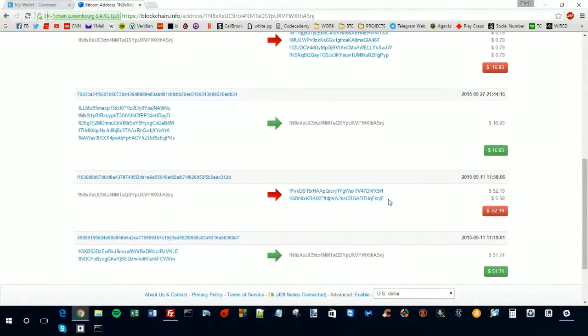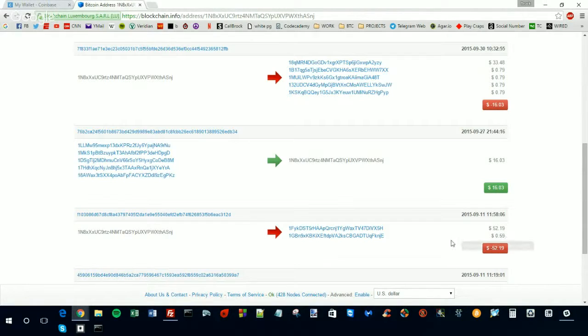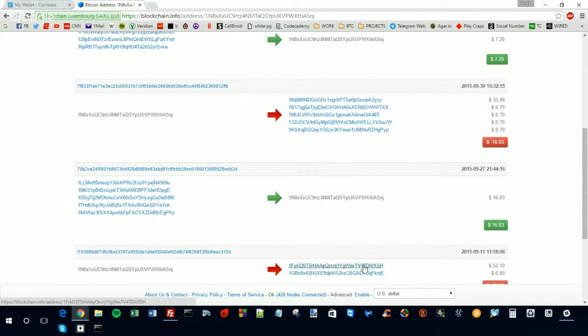And if I'm understanding it right, this 59 cents is like a fee, either a transaction fee or a miner fee. So then we know right now this $52 is in this wallet here. And you can click on this. And then the other thing you can look at, if you wanted to trace it, you could click on it and actually follow it basically through the blockchain.